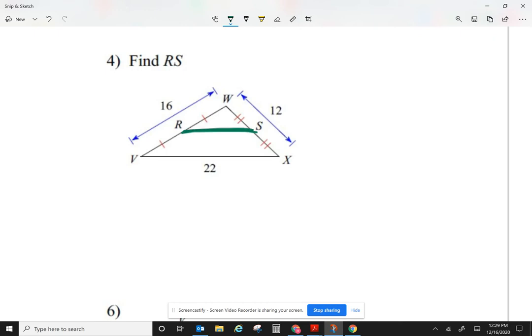I know RS is parallel to the side VX. I'm just going to pay attention to the 2 segments that are parallel. I'm going to ignore everything else because the side is 22. The midsegment in this case is 11. If I give you the side for you to find the midsegment, divide it by 2.